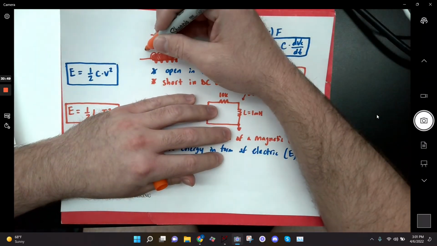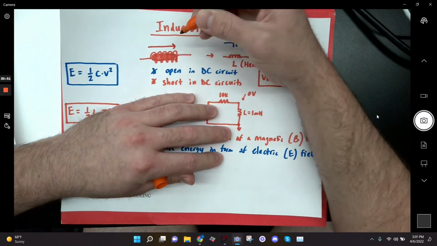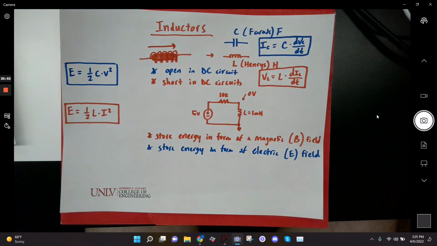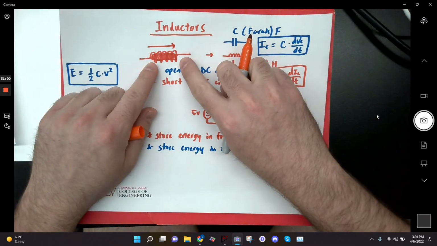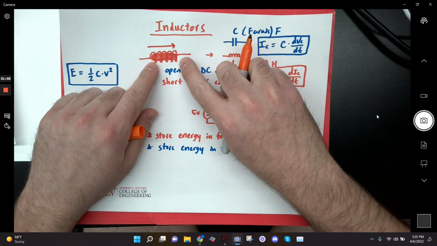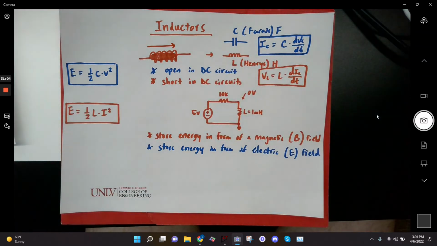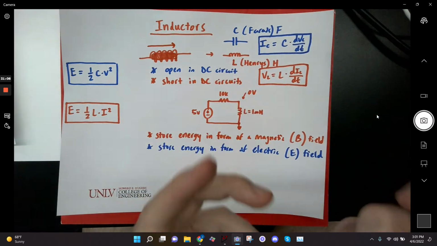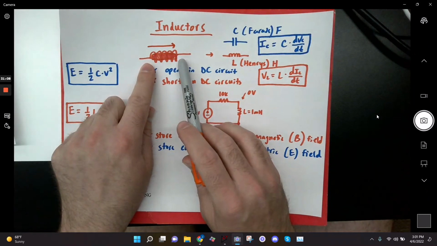So some current will flow through this inductor, and it will have this magnetic field store energy. And then when we cut the wire, or we stop sending the current, that current wants to keep flowing. It won't stop instantly. That's similar to how the capacitor wants to keep the voltage across it. The inductor wants to keep the current through it.